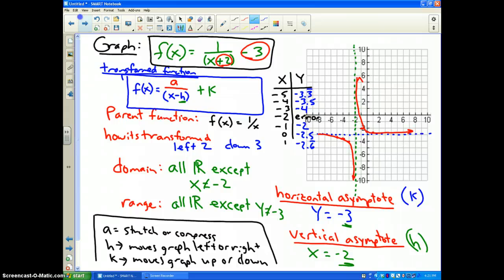So the h and the k value play very, very important roles. H is going to be the vertical asymptote, and the k value is going to be your horizontal asymptote. I hope that makes sense. If you have further questions, make sure you talk to me in class. But that's how you graph and deal with rational expressions, rational functions, and what they look like when they're transformed.